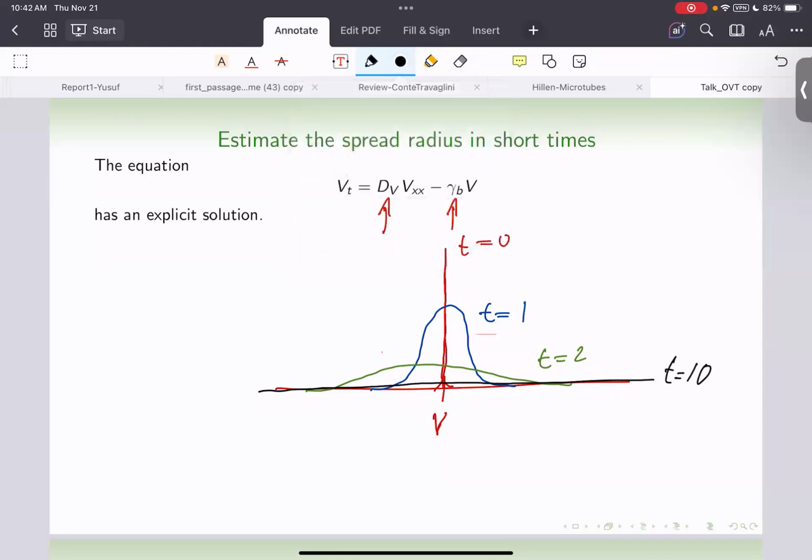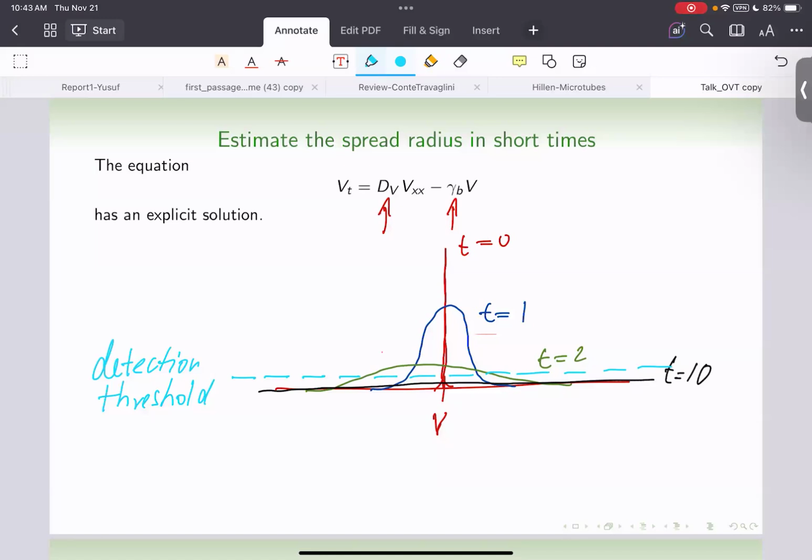Let's just try to plot this in light blue. So I want to indicate a detection threshold, maybe this one. Below the detection threshold, I consider the virus concentration to be 0.